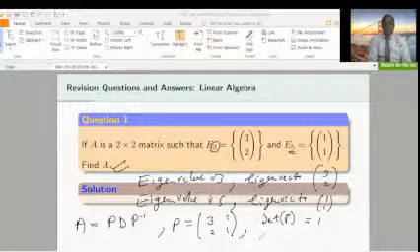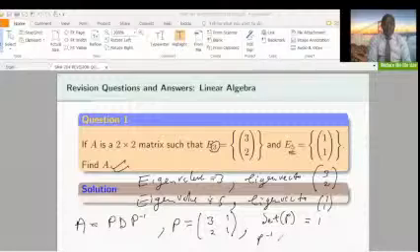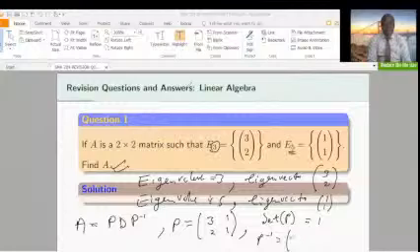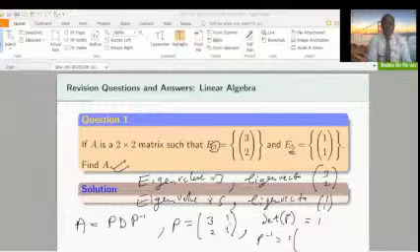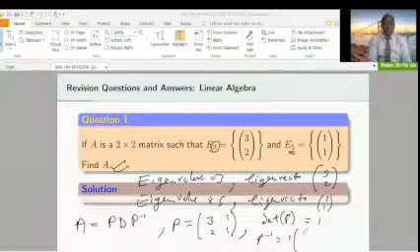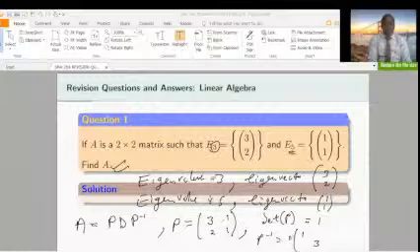So what is P inverse? P inverse is 1 over the determinant, but the determinant is 1. So 1 over the determinant will be 1 multiplied by the adjoint of this matrix. The adjoint of this matrix: just reverse the elements in this diagonal, and then change the sign of the elements in this other diagonal.